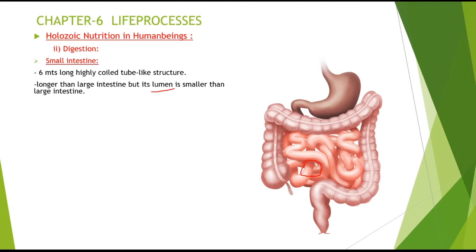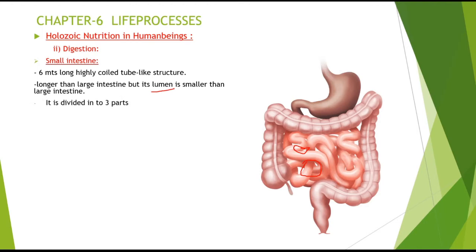I am showing with the red mark in the picture, this is the width of the tube. Due to the very small width of the tube, we call it a small intestine rather than a large intestine.